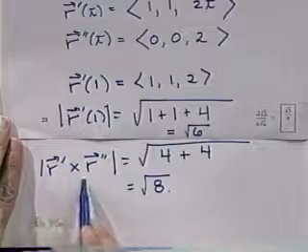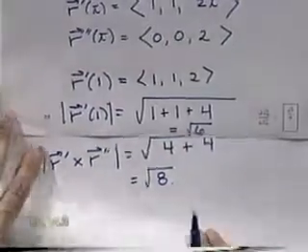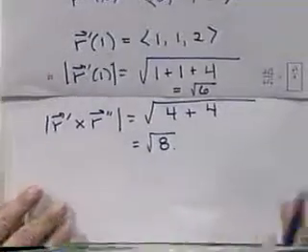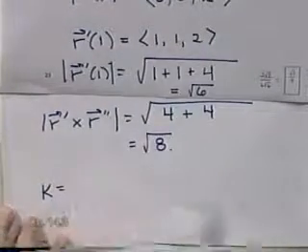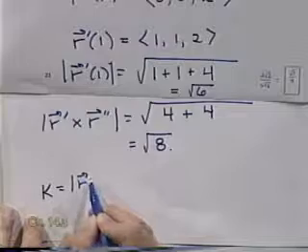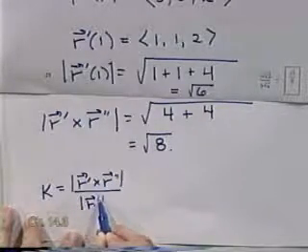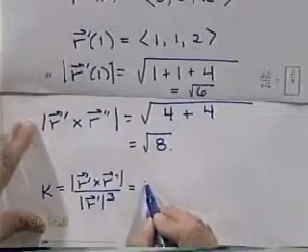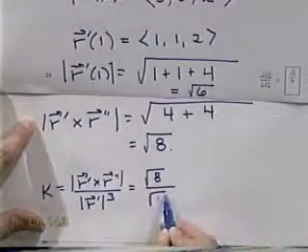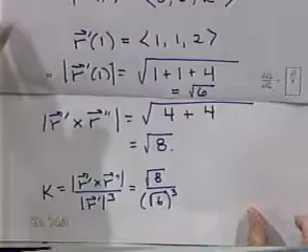The magnitude of r prime cross r double prime is the square root of 8. So my formula for curvature, the magnitude of r prime cross r double prime over the magnitude of r prime cubed, gives me the square root of 8 over the square root of 6 cubed.